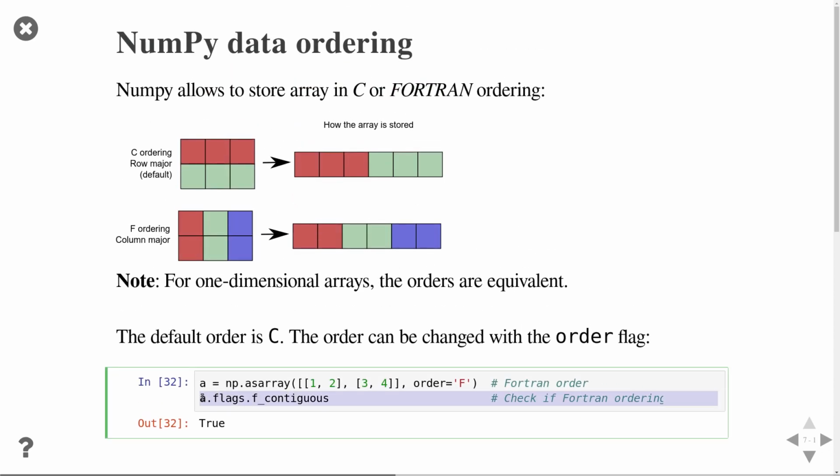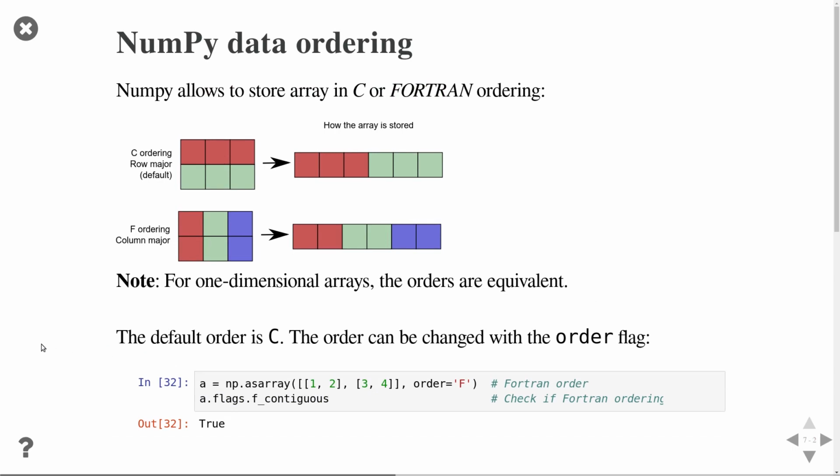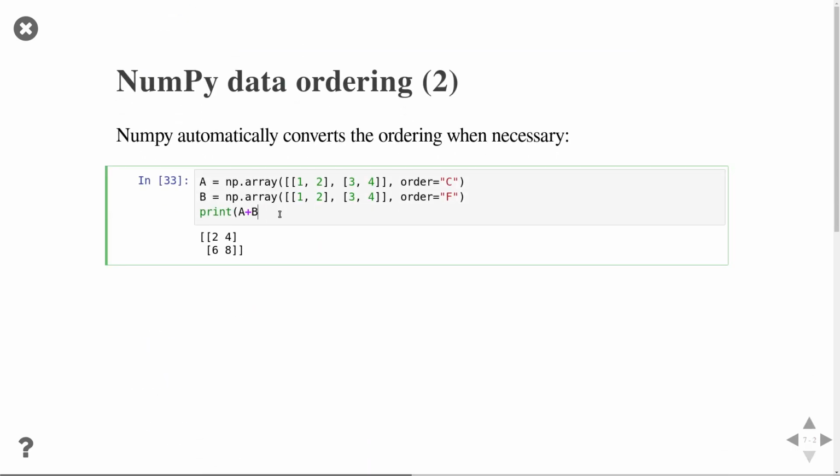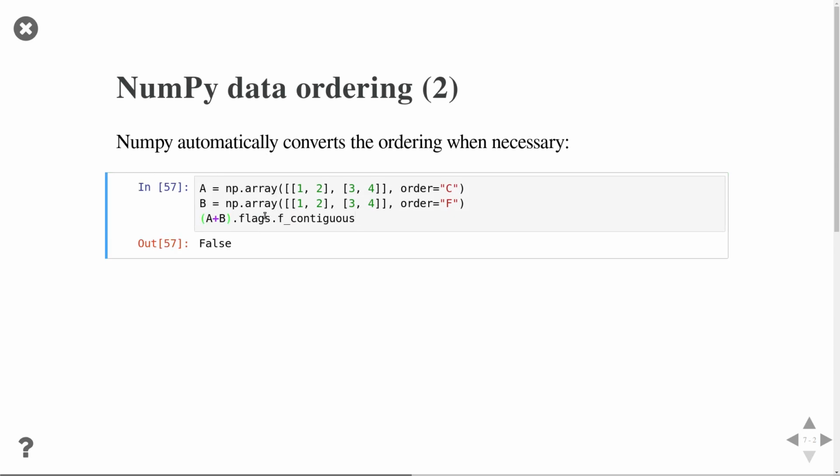This line here tells you which ordering you're using. So if I do A plus B, I get C ordering. And if I do B plus A, I also get C ordering. Okay, so apparently you always get C ordering.